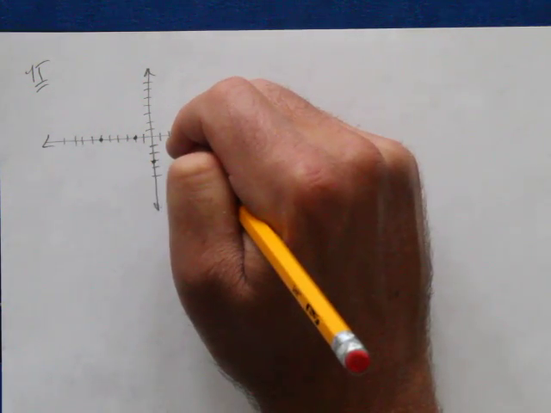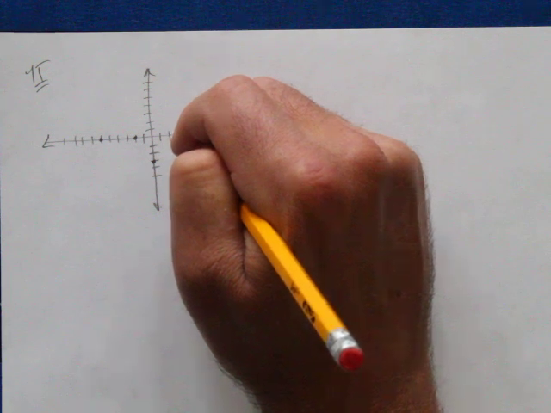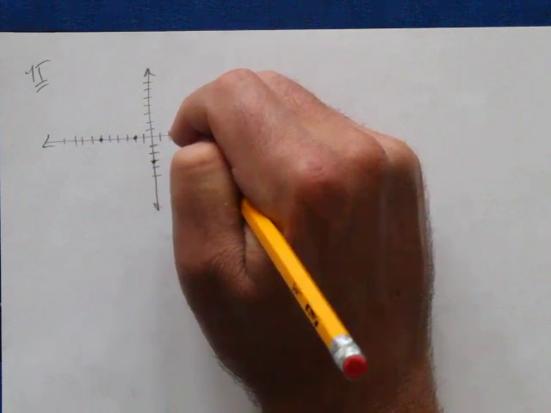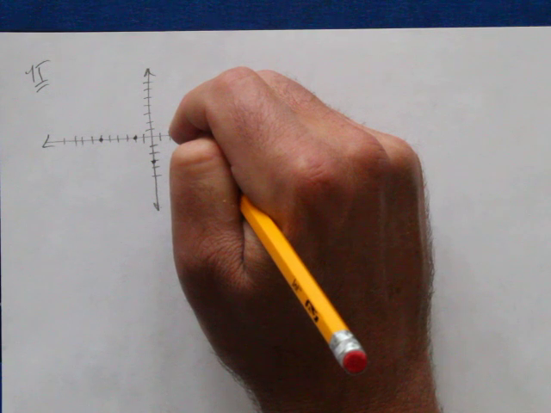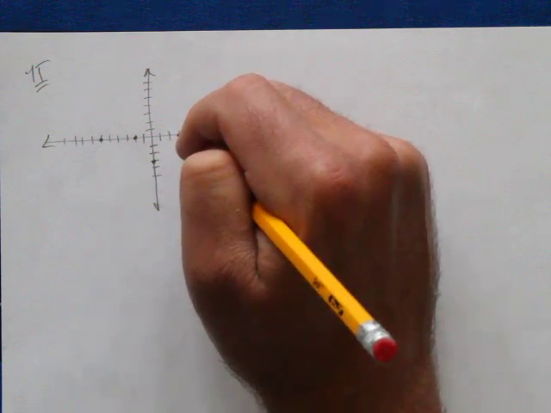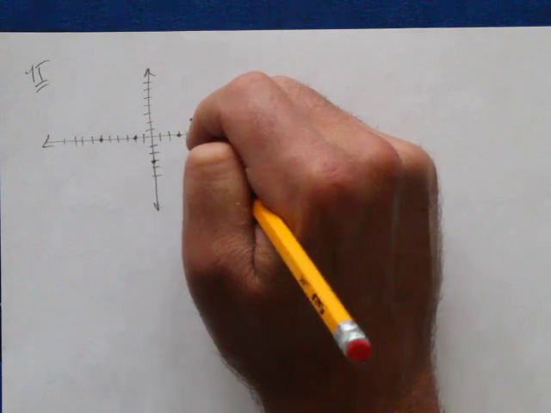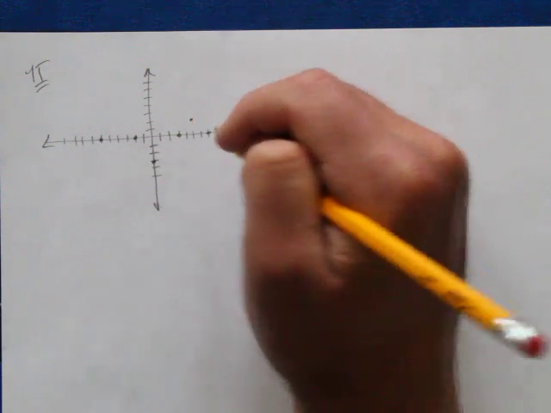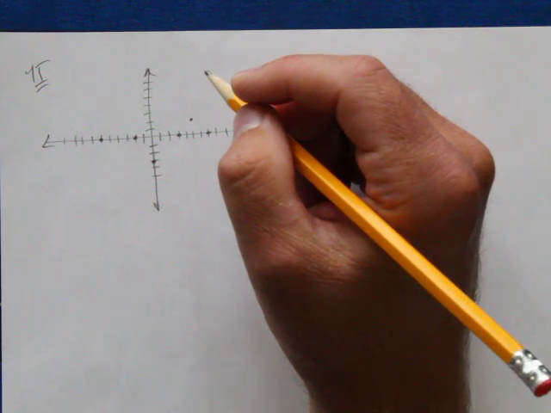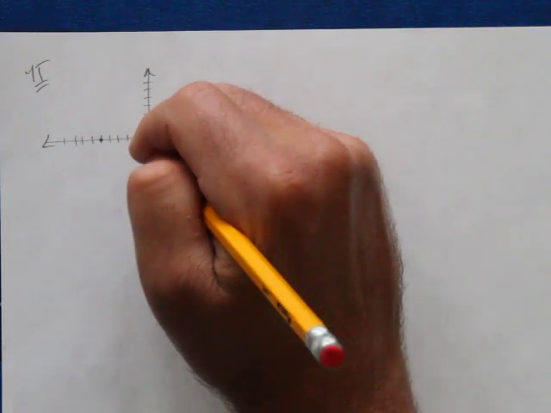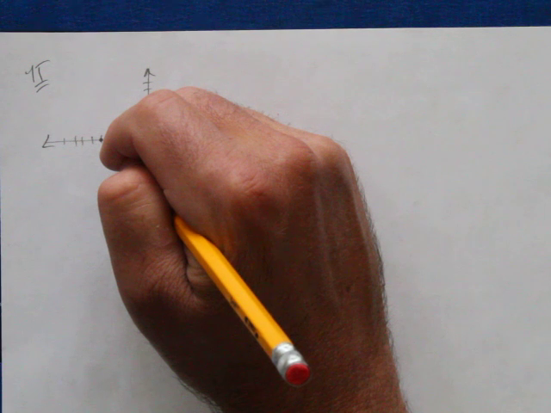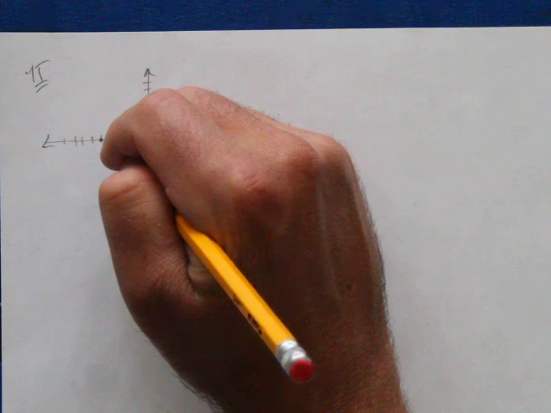A point at 5, 2. And a point at 7, 0. And one more point at 1, 2, 3, 4, -4, 5.